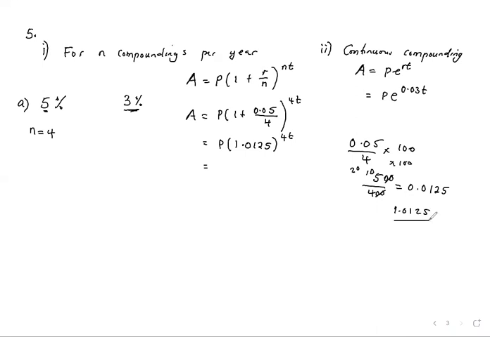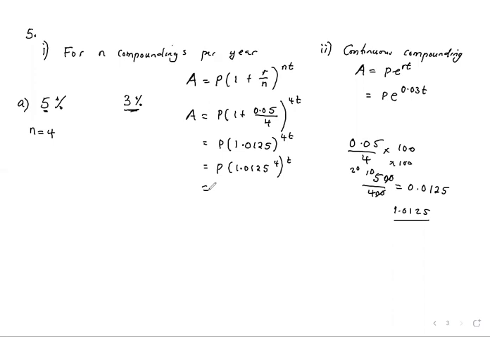Inside, meaning that you have P(1.0125)^(4T). We saw this happening in the exponentials where the powers can switch position. Or if it confuses you, again, leave it outside.